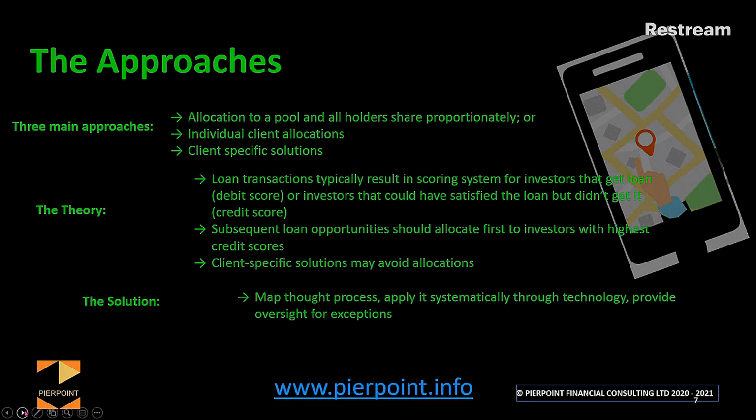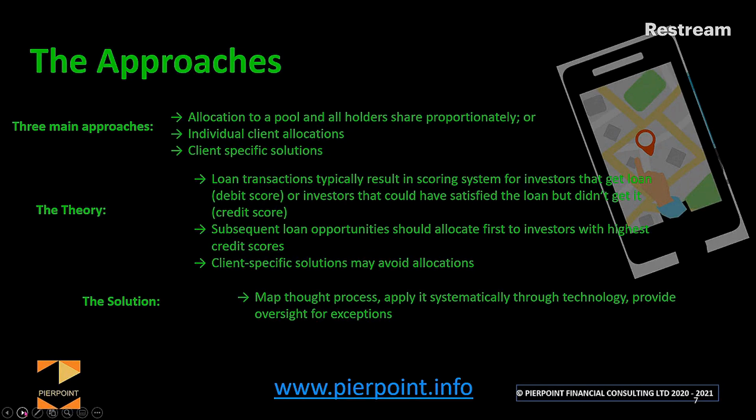You're going to go to the bottom of the queue. And lender B, you didn't get that loan. So now next time it seems only right that you get first opportunity for that. So they would get a credit score. And then as subsequent loan opportunities come up, the investor with the highest score should get the next loan. Okay, that's the theory of it.